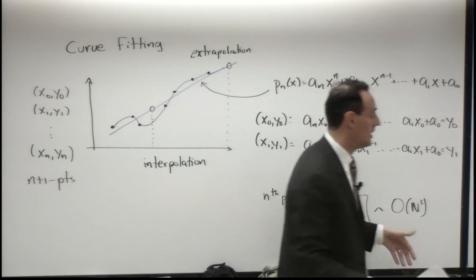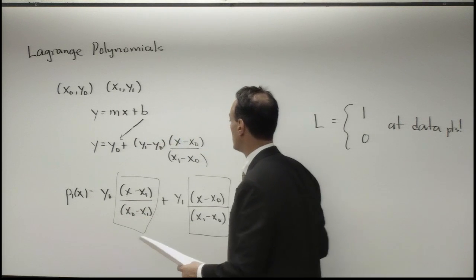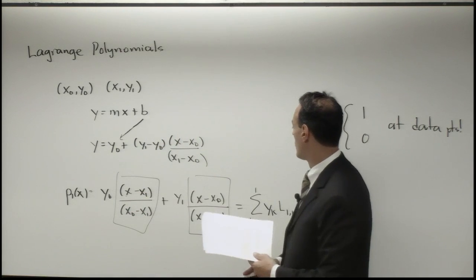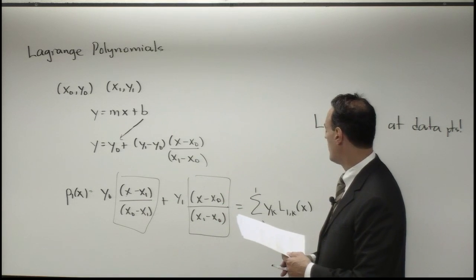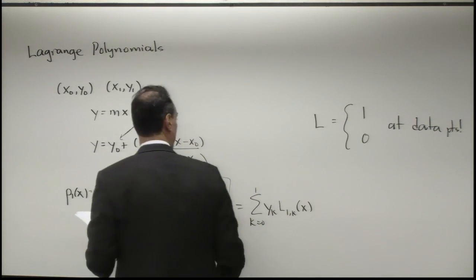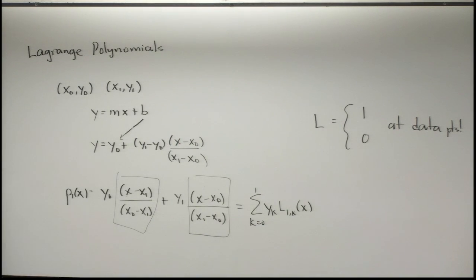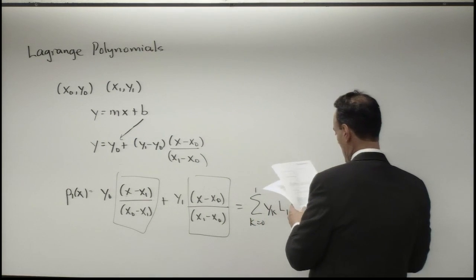What they would do is something like this, where you can say, hey, look, I can very generically construct an nth degree polynomial just by trying to write down these Lagrange coefficients so that they're either 1 or 0. In fact, let's write this down for an nth degree polynomial. So here it is.